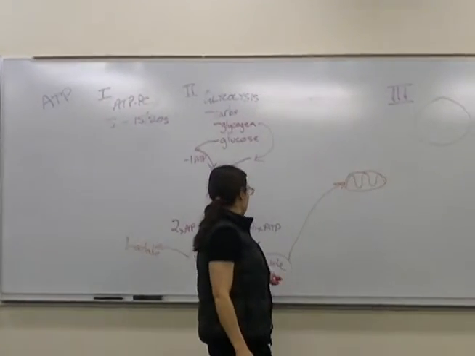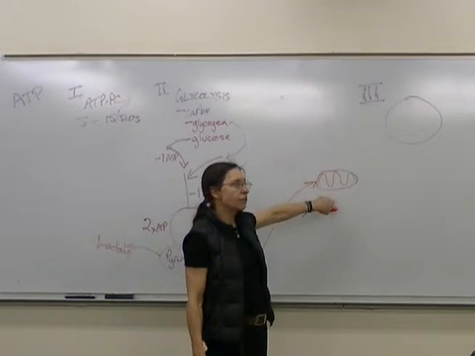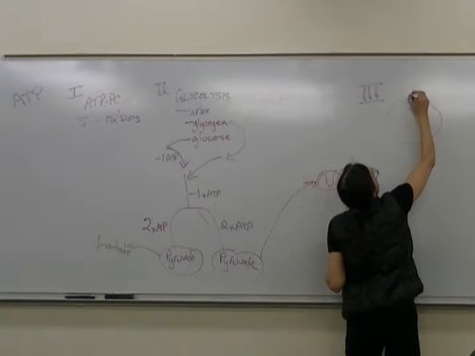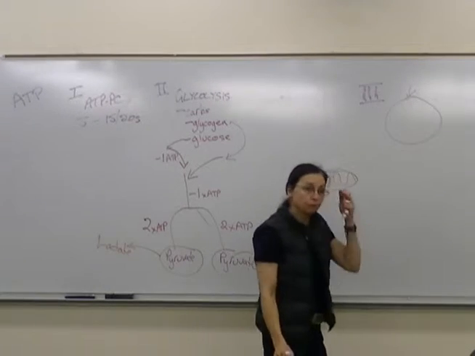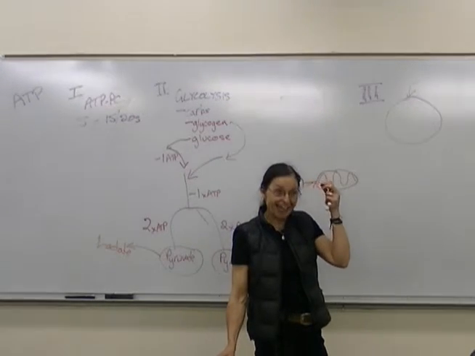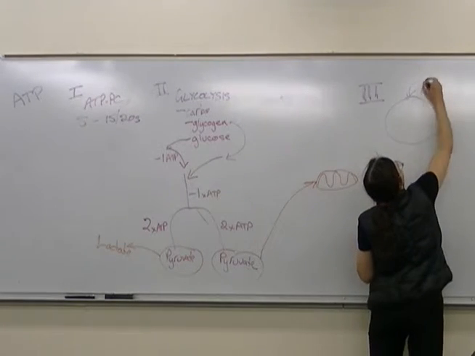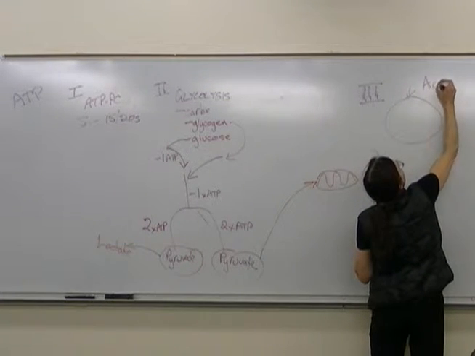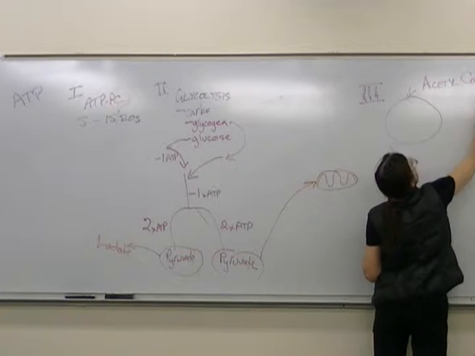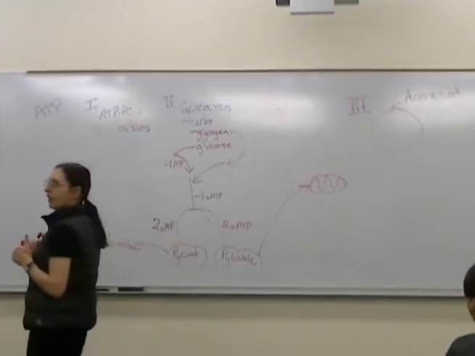When I get my pyruvate to the mitochondria, what do I have to turn it into to put it into Krebs cycle? Acetyl-CoA.